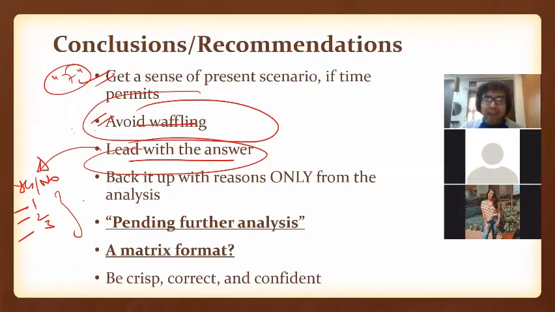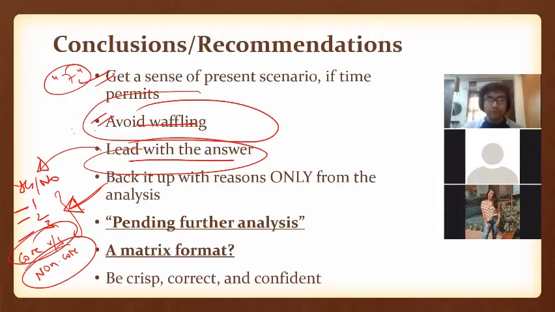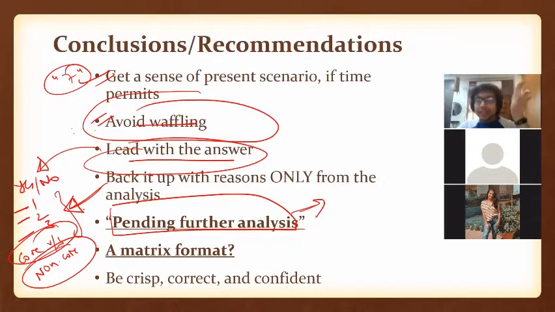Now these reasons have to come only from the analysis, and I've already said that, on core versus non-core, to the extent possible, deal with core issues and then go with non-core issues to solve the problem. Pending further analysis: this is my way of hedging. Given I'm only doing the analysis for 30 or 40 minutes, I will say that these are the answers I've come up with, and pending further analysis, we could fine-tune our answer.